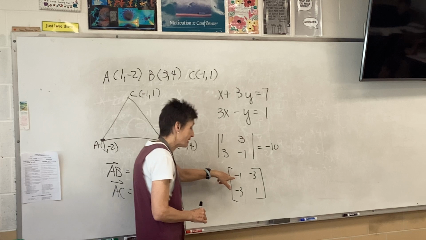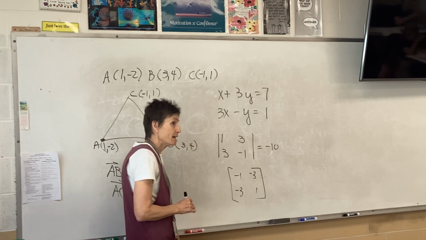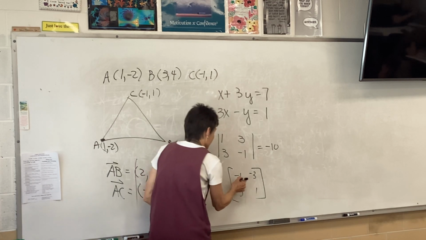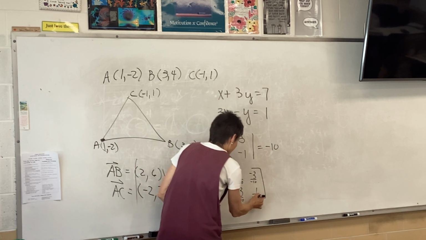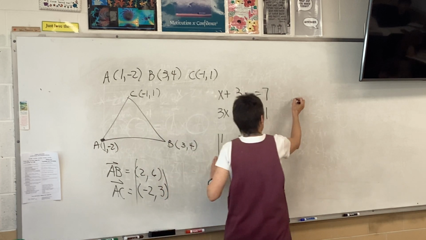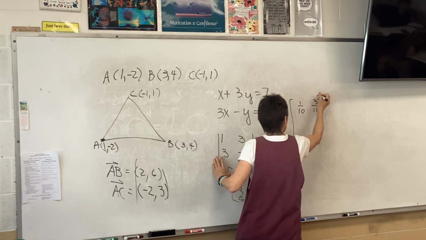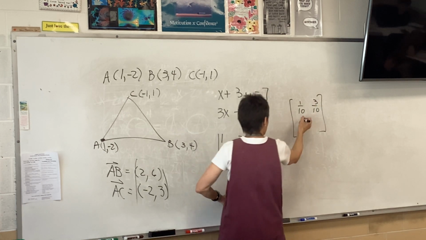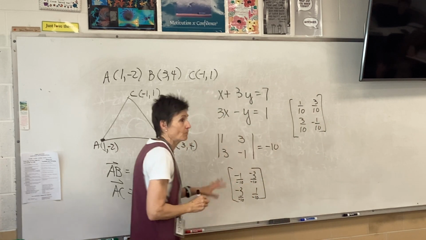And then we take that and divide everything by negative 10. So the inverse matrix is 1/10, 3/10, 3/10, negative 1/10.